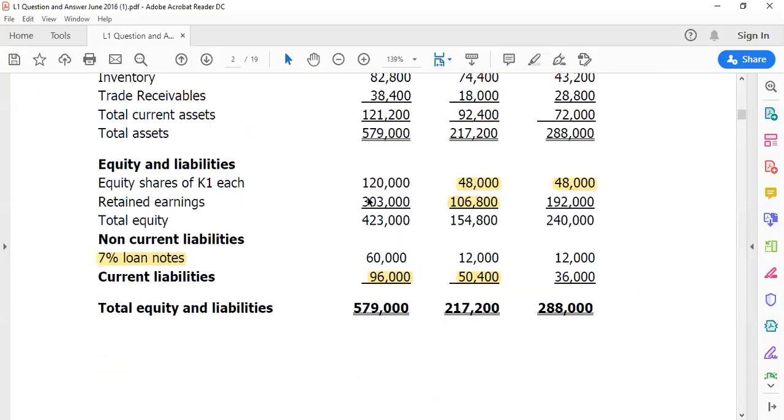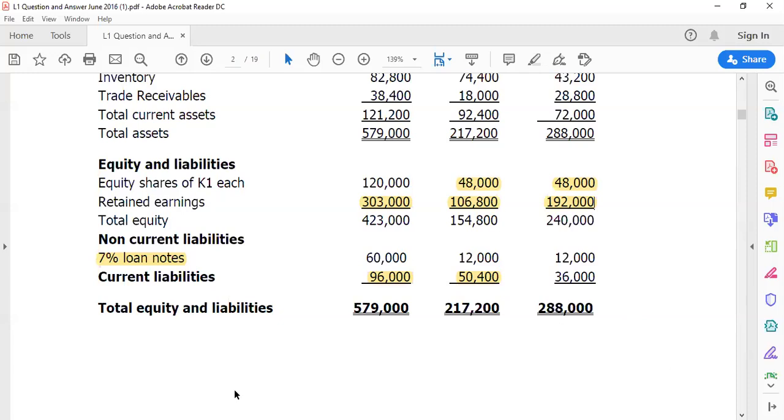The parent at how much? 303. The subsidiary at how much? 106. The associate at how much? 192. You see 192 has popped up again to confuse students. So you have 303, 106,800, and 192. Then you go and post those accordingly.